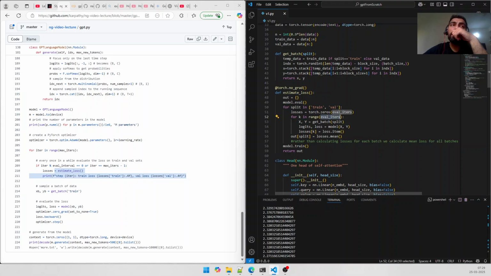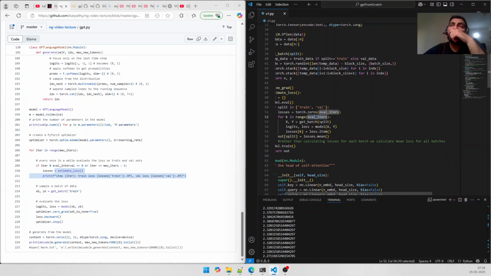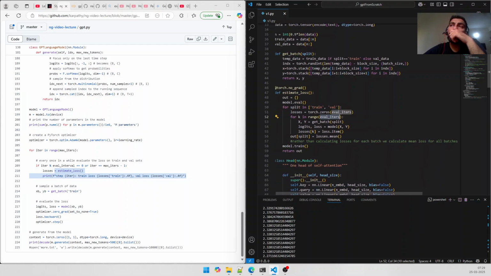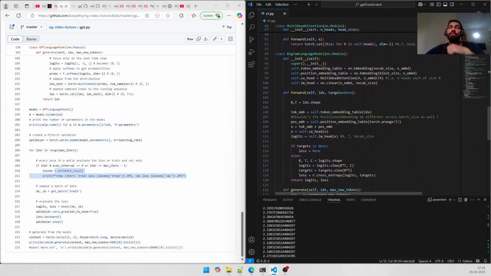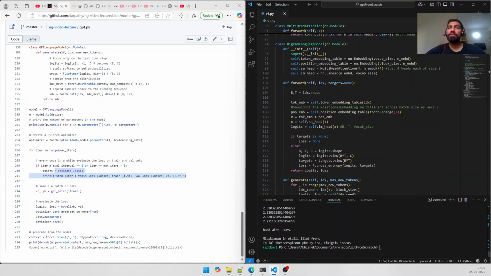And it calculates the loss. Then we mean it up, and then we do it for the validation as well. Then for each batch we calculate the mean loss for all the batches. Okay, let me run this.